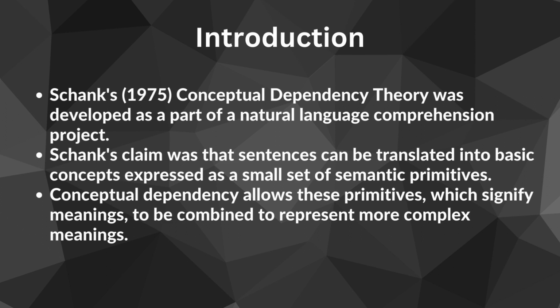This theory permits the combination of these meaning signifying primitives to construct representations of more intricate and elaborate meanings. In essence, it offers a structured framework for breaking down sentences into elemental building blocks and then reassembling them into the comprehensive meaning they convey.